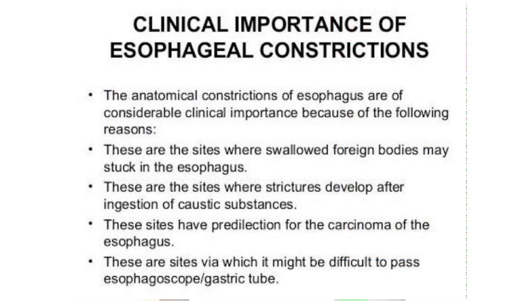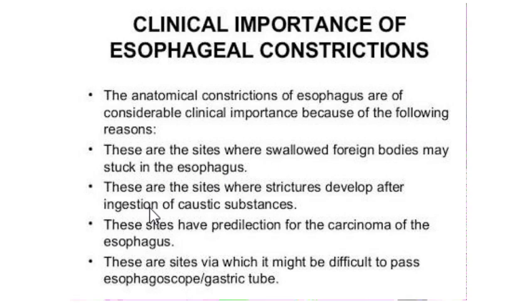Now let's discuss the clinical importance of these esophageal constrictions. Why do we need to know about them? The first clinical importance is that these are the sites where swallowed foreign bodies may get stuck in the esophagus.